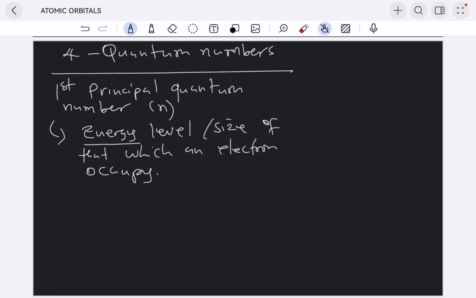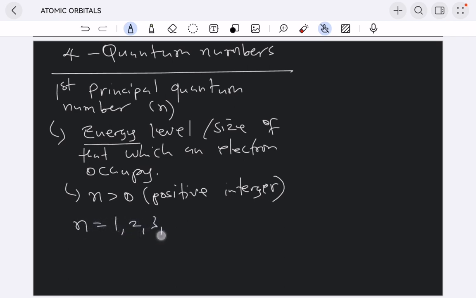So the emphasis is that this energy level is always above 0. So it's a positive integer, and it varies from 1, 2, 3, 4, 5, 6, 7, considering the electron in the ground state.